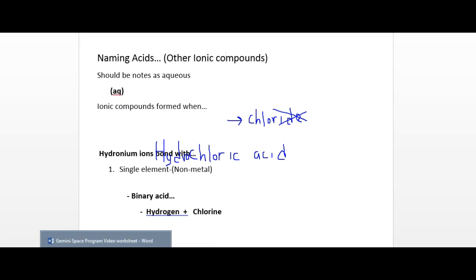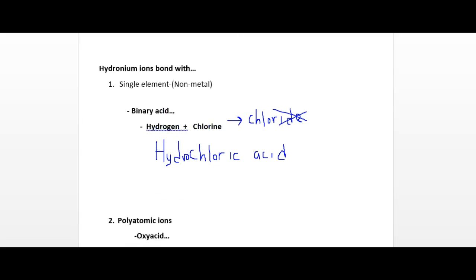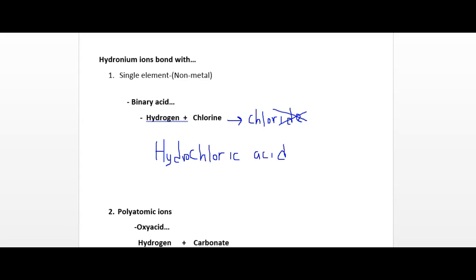So the way you're going to know that this is an acid, hydrochloric acid, is because of the way it's written, and it should say something like this. HCl. Okay, and if it was just like this, it'd be hydrogen chloride, but what you get after it is this little symbol, AQ. That tells us this is mixed in water, and that makes it an acid. And then we know when it has this after it, it becomes hydrochloric acid.